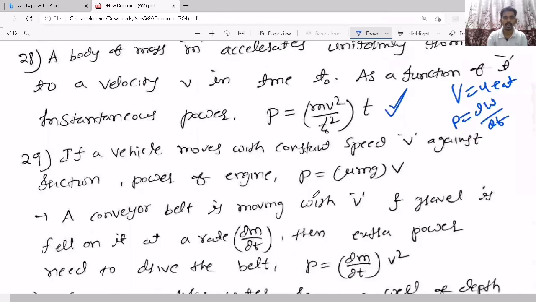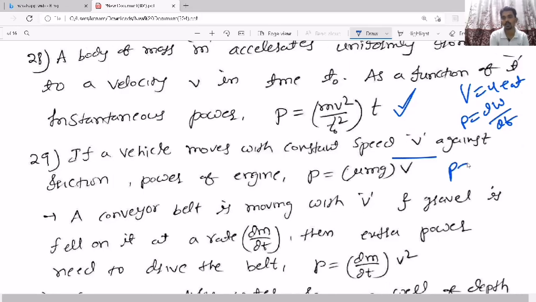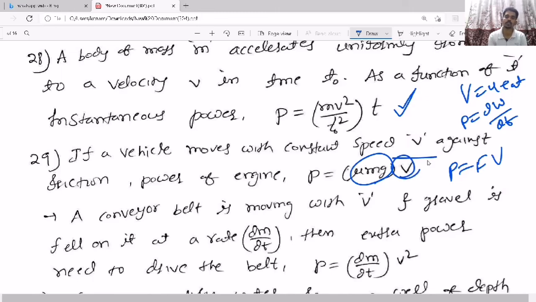So just try it, you can get it. And if a vehicle moves with a constant speed v against friction, power of the engine. Against friction it is going, so what is the power formula? Power required to maintain constant velocity means how much? Power equals force into velocity. So force is mu mg, velocity is v.